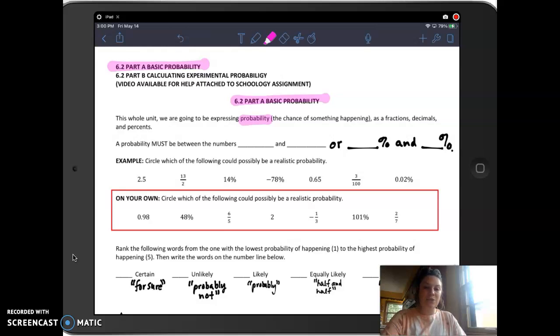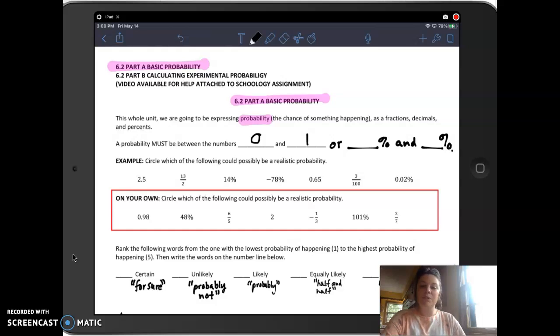So let's get into some of the basics that you need to understand in order to understand probability. Our first thing that we're going to talk about is a probability must be between the numbers 0 and 1. So that's true. Can't be a negative and cannot be a number bigger than 1.